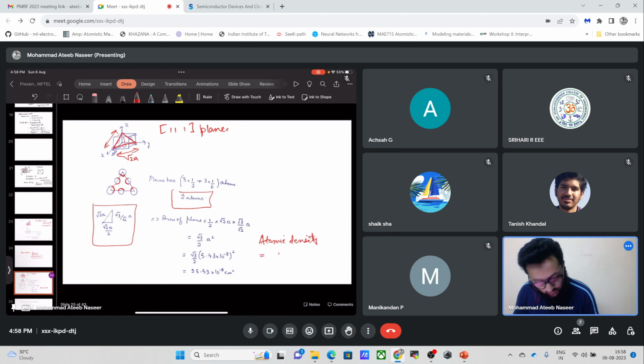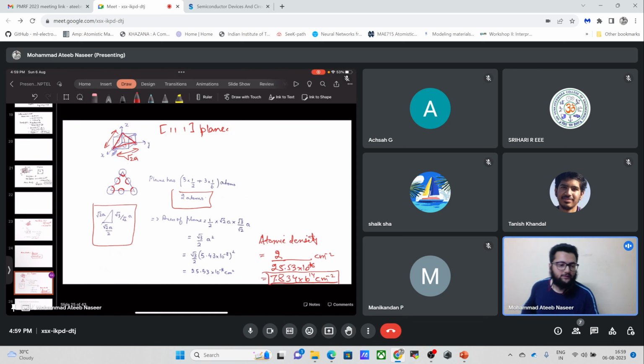So the atomic density would simply be 2 divided by 25.53 into 10 to the power minus 16 centimeter square. It would simply be 2 divided by 25.53, which is 7.834 into 10 to the power 14 per centimeter square.